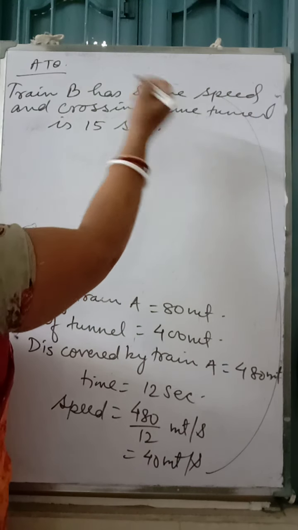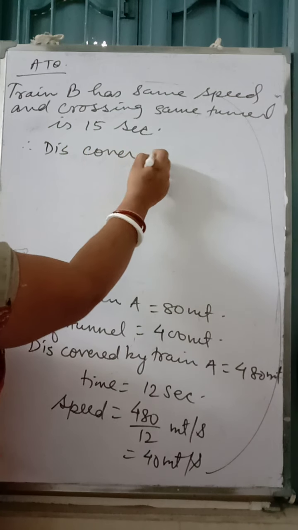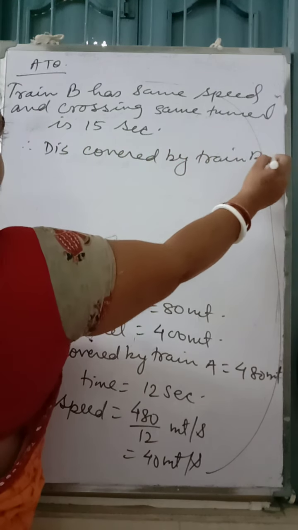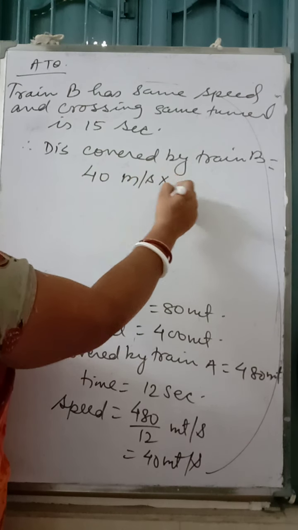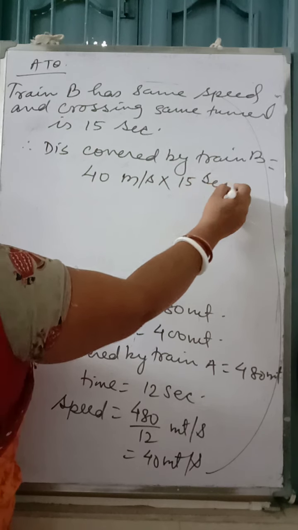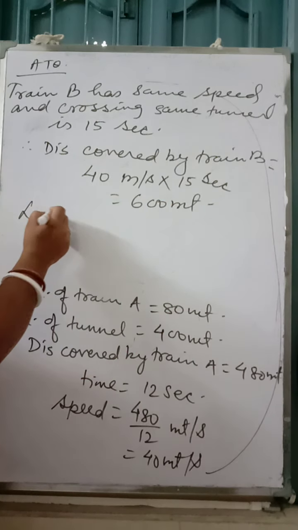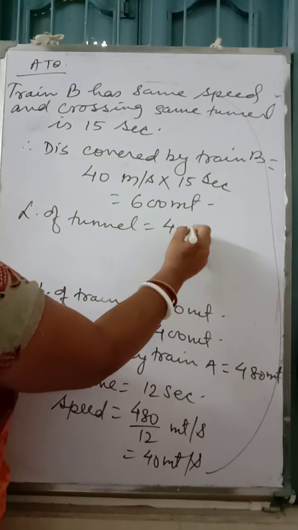So distance covered by train B is 40 meter per second into 15 seconds, 600 meters. Length of tunnel is 400 meters.